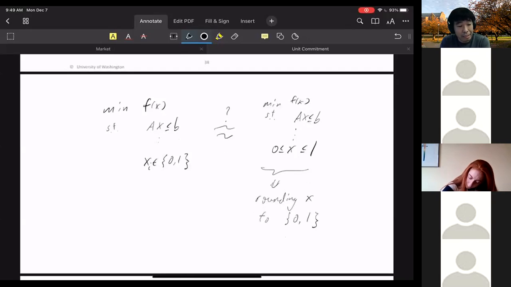How well do you think this rounding procedure will perform? Is there some expectation that this method will do well? Assume it's continuous, let's solve it, and just round it. Would you expect this to do reasonably well?